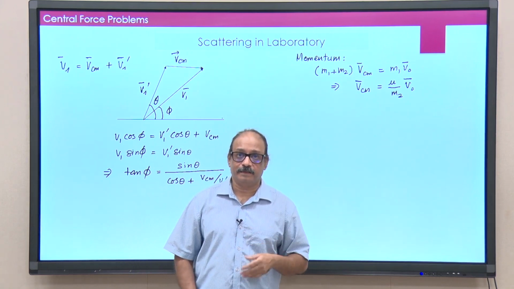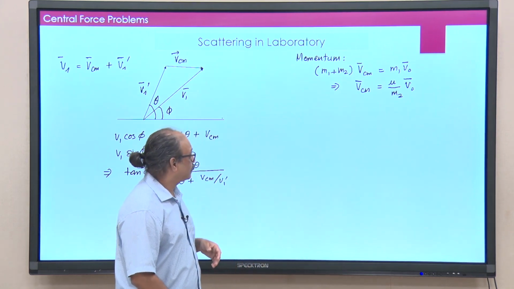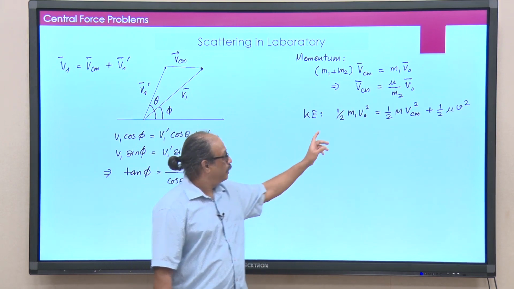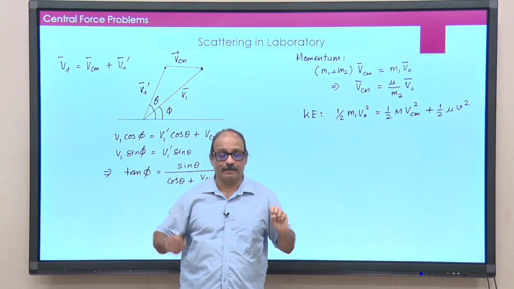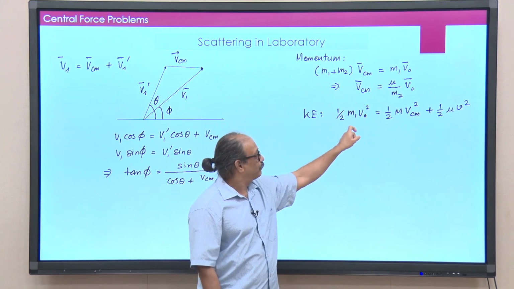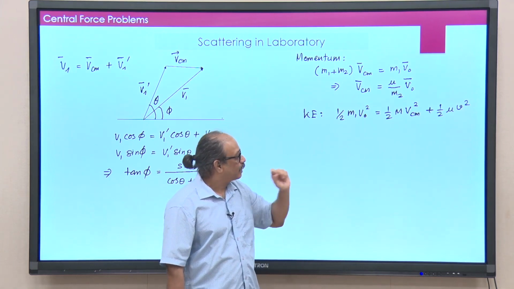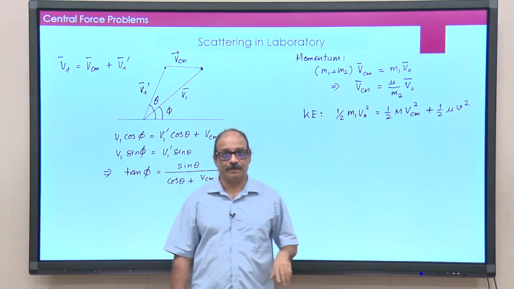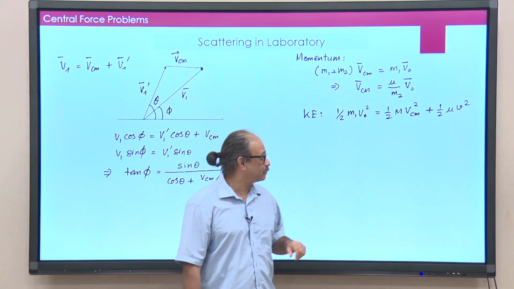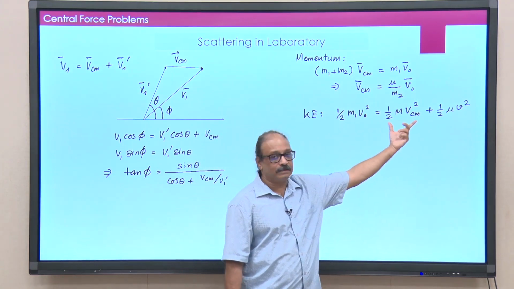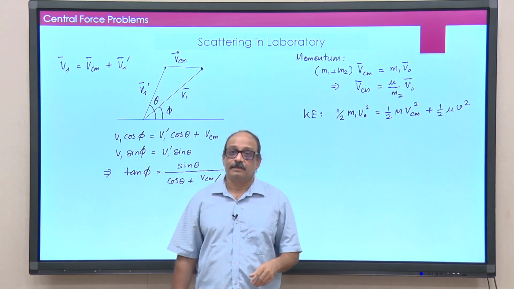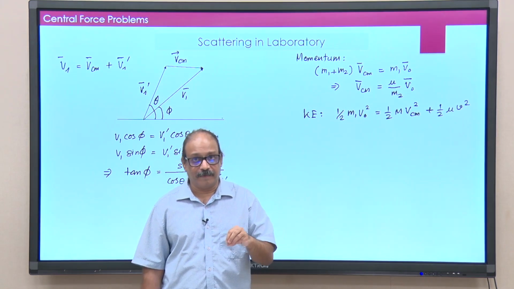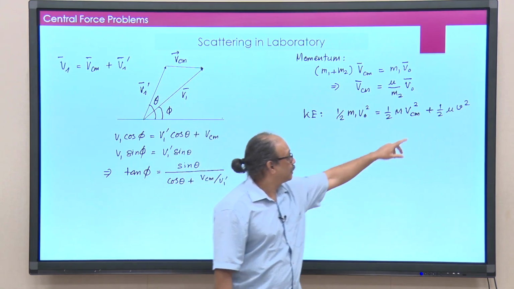Also the kinetic energy is conserved. Okay. So, the net kinetic energy, this is kinetic energy at t is equal to 0 when the particles were thrown in, half m 1 V naught square, that must be equal to, and this remember we did in the very first lecture on central forces, it is kinetic energy of center of mass plus the kinetic energy of effectively single particle, but with a reduced mass mu.